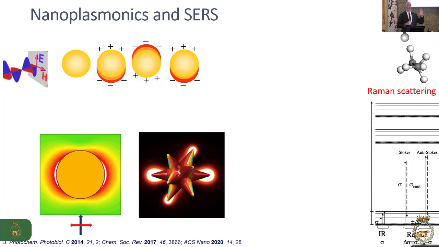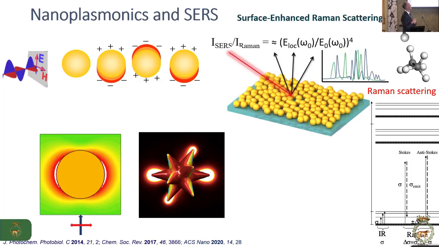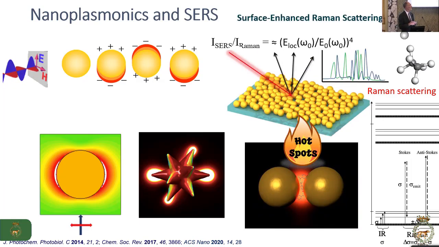And so if you want to use this as an analytical tool, this is not very useful because you need a lot of material to actually obtain information. Now, exactly 50 years ago, it was discovered coincidentally that if the same molecules are located on top of a nanostructured metal surface, you can enhance the intensity of this Raman spectroscopy signal by many orders of magnitude.